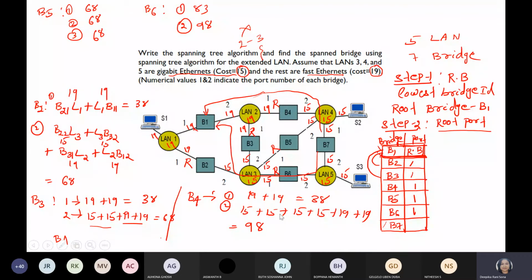What is the B7 path 1 cost? 15 plus 15, 30 plus 38. How much is it? 68. Then path 2: 15 plus 15 plus 15, 45, plus 15, 60 plus 38. What is the cost? 98. So which will be our root port for B7? Port 1, 68.